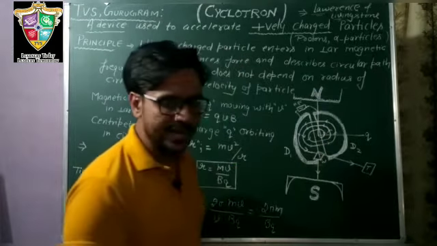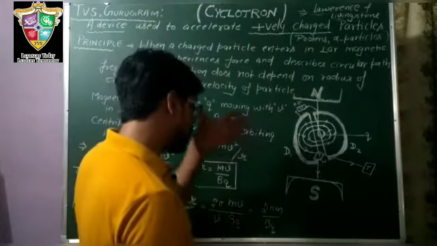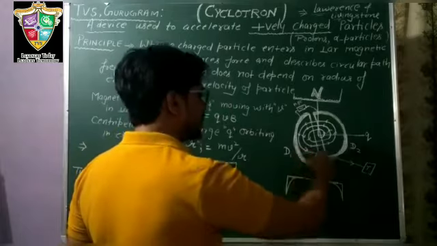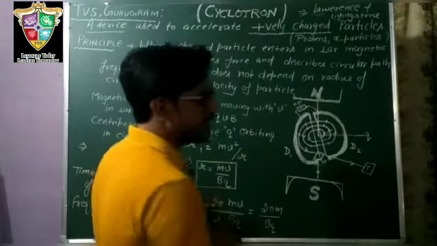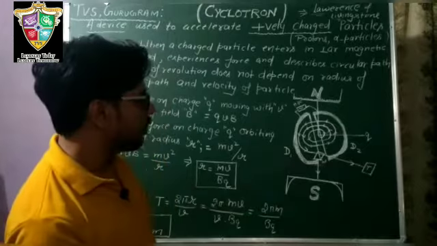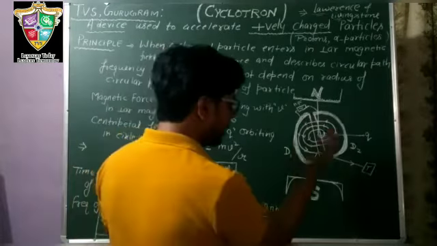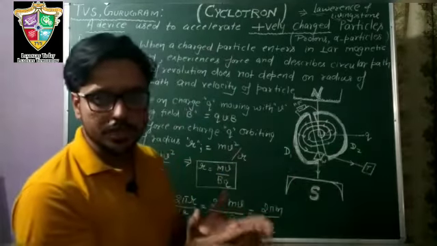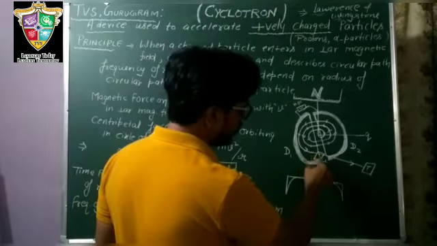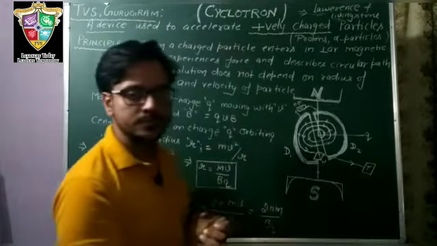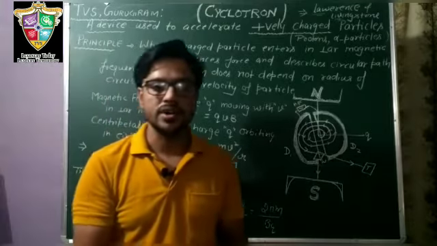Then again it follows a circular path, and its radius keeps increasing. When it acquires a particular speed, it comes out of this window and hits the target. So this is the construction and working.